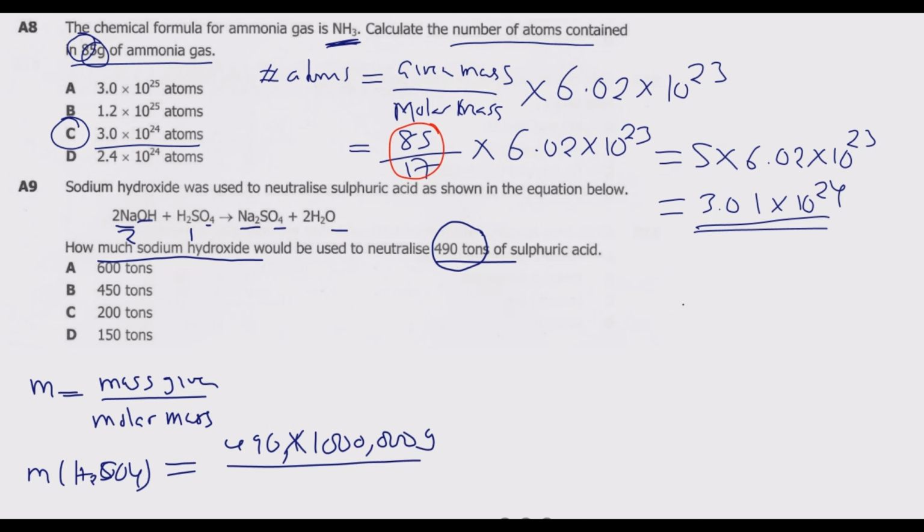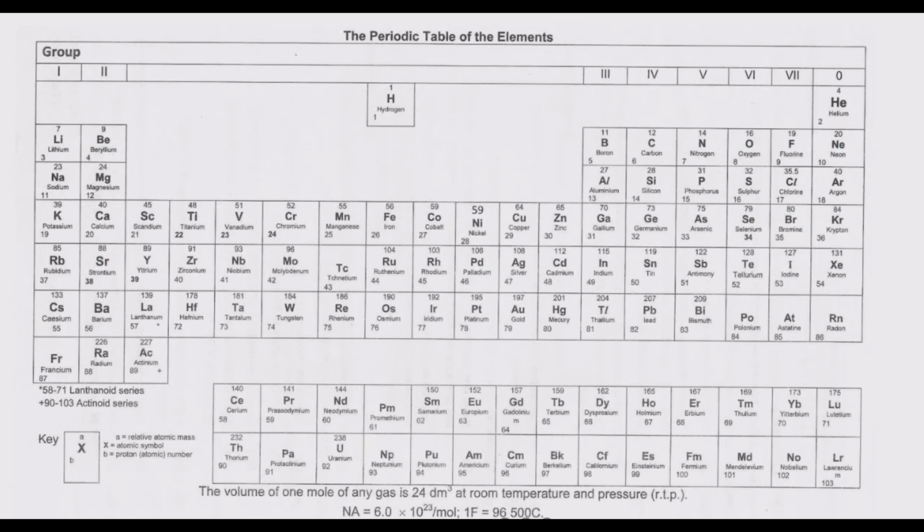Then we need to find the molar mass of sulfuric acid. So let us go to the periodic table. How many hydrogens? There are 2, so it will be 2 times 1, then plus sulfur.